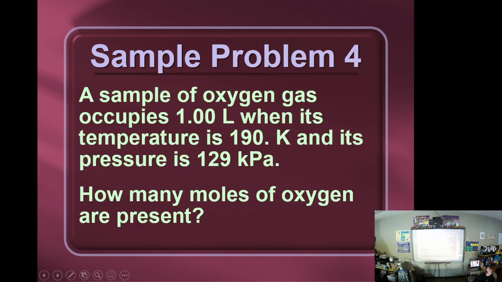All right, I'm going to let you work on this one. A sample of oxygen gas occupies 1 liter when its temperature is 190 K and its pressure is 129 kPa. How many moles of oxygen are present? How do we go about doing it? Before I give you a minute to try. You would have to convert it to STP.